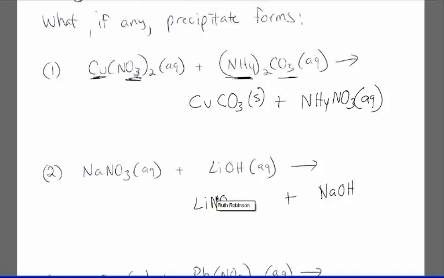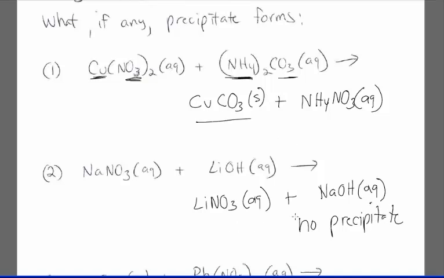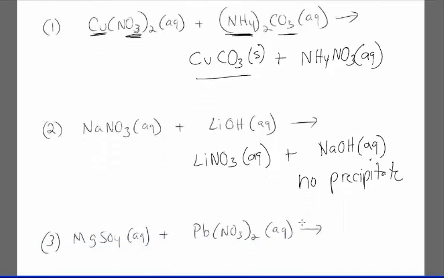Now we saw that nitrates are soluble, so this compound, no matter what the nitrate's paired with, would be soluble, although lithium is also one that is soluble. Group 1A elements are soluble, so even though it's with a hydroxide, this one would be soluble. So there is no precipitate in this reaction. Okay, there was a precipitate up here. There's no precipitate in the second one.